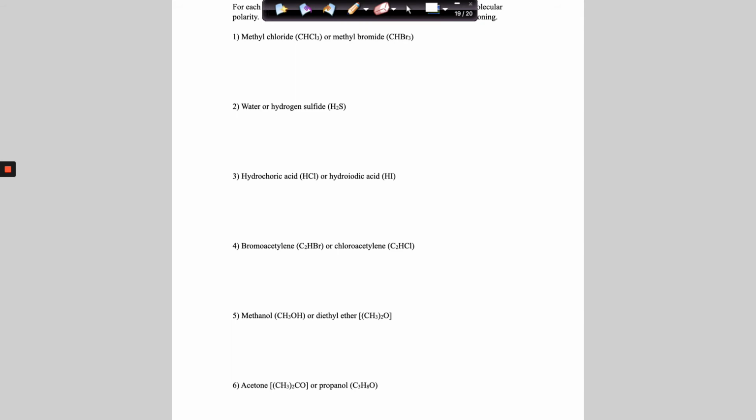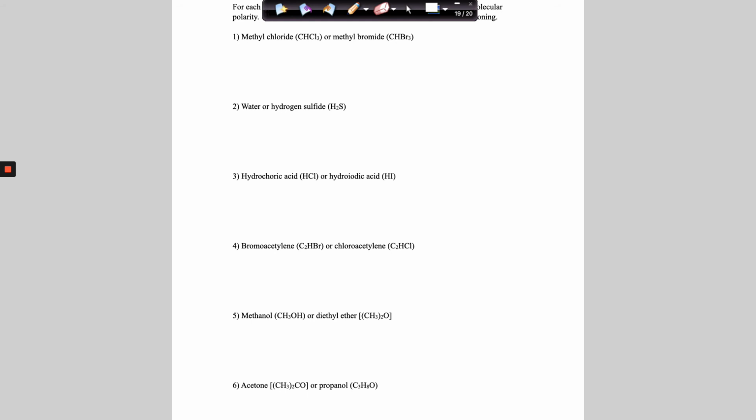Here's what it says. For each of these molecules, draw both the Lewis dot structure and the molecular polarity. Because that's what we just did on the board. Draw these Lewis dot structures and the polarities. Then this. Let me read it to you. Then circle the more polar molecule. And guys, this idea about explaining your reasoning, cross that off.